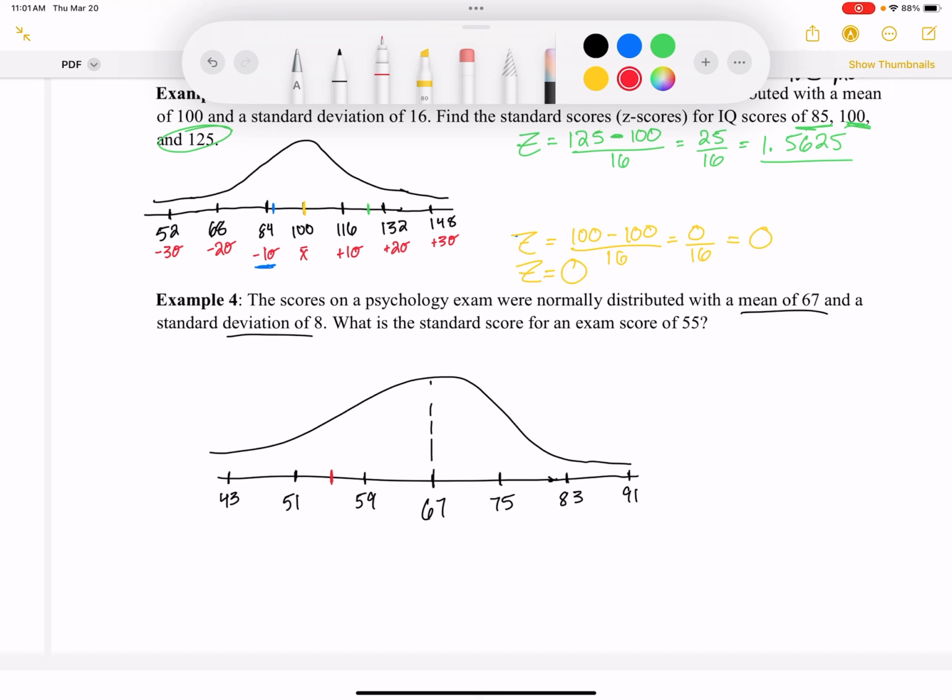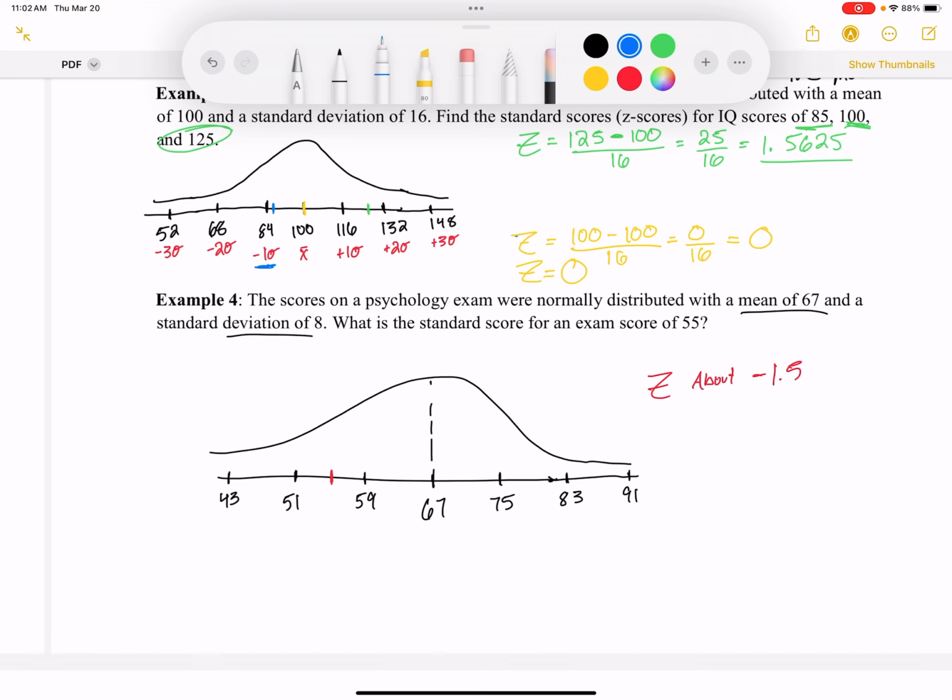So I know just from looking at it, we're about 1 and probably 1.5 standard deviations below our mean. So my z-score should be about negative 1.5. All right, I know that should be close to it. You don't just want to take whatever your calculations are and take it as the truth. You want to think about it and make sure that you're not just plugging stuff into a formula blindly.